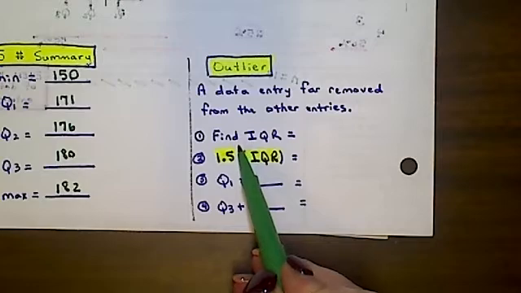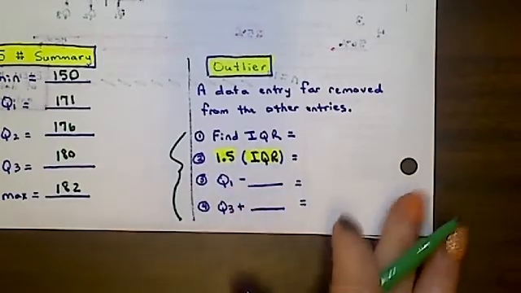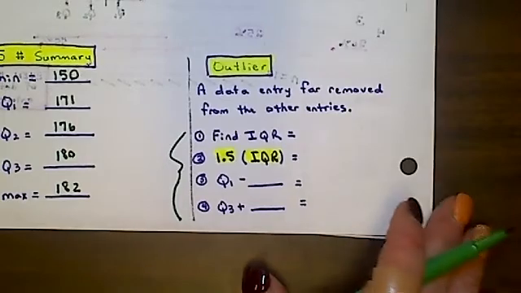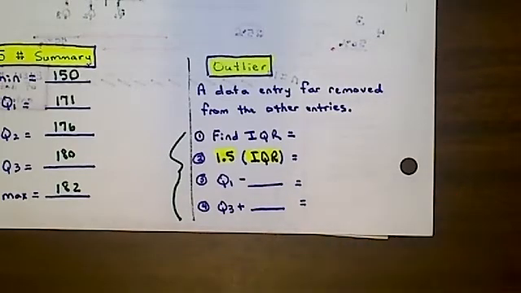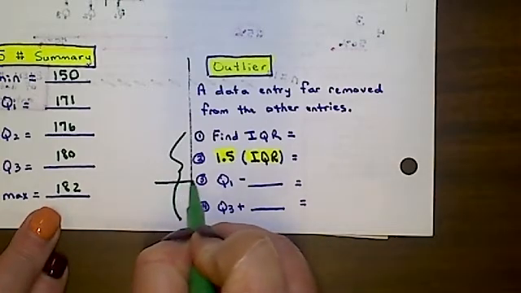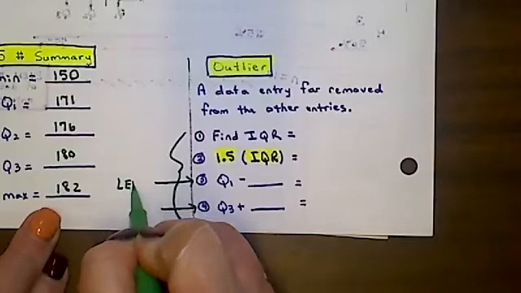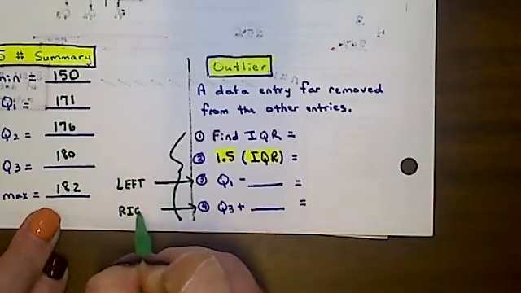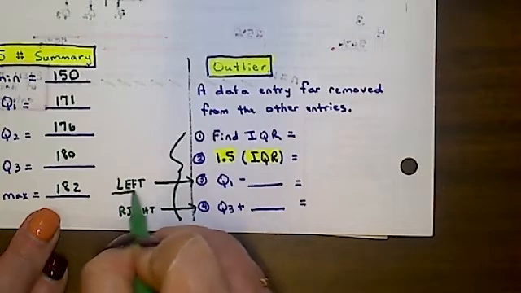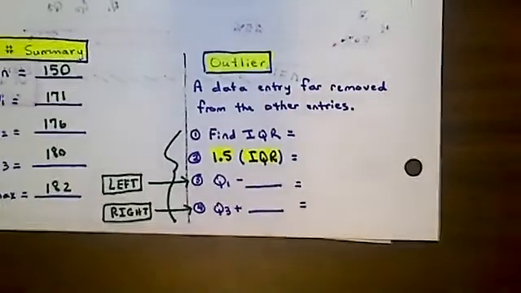We've got to find the inner quartile range. Second, we want to multiply 1.5 to the inner quartile range. And then you've got to look 2 directions. So an outlier can lie to the left of the data, or it could lie to the right. So if it's more than 1.5 times the inner quartile range, then you're going to have an outlier.